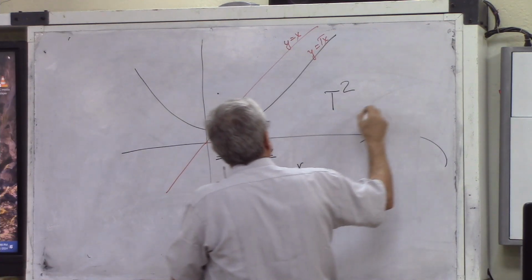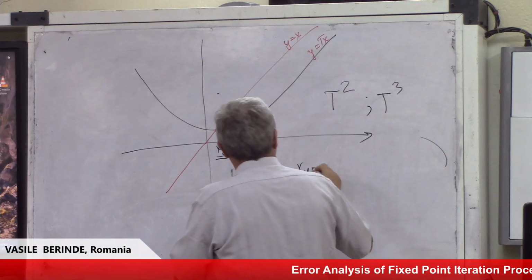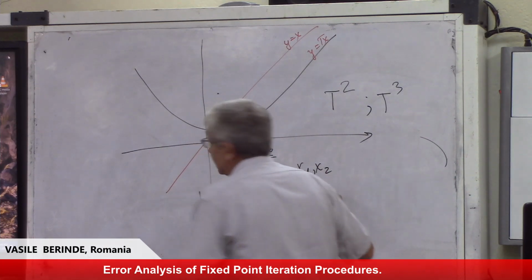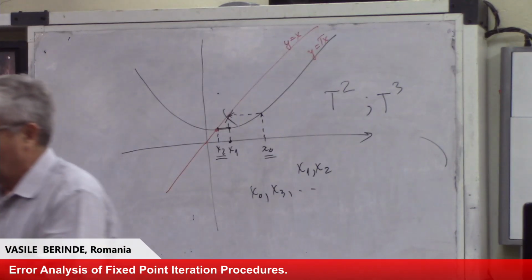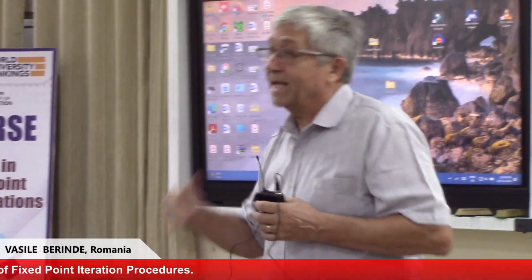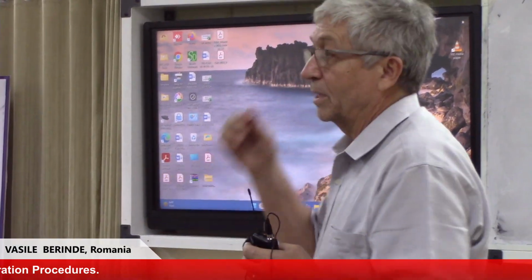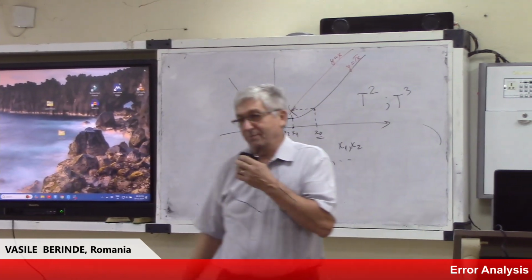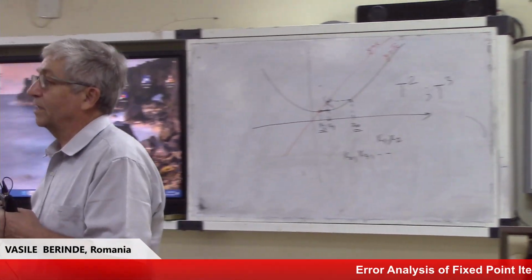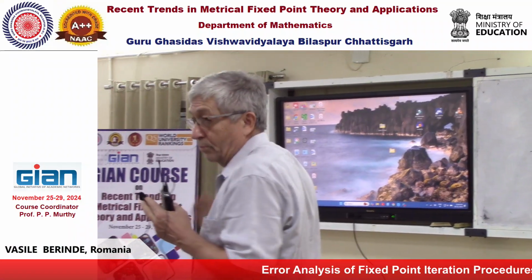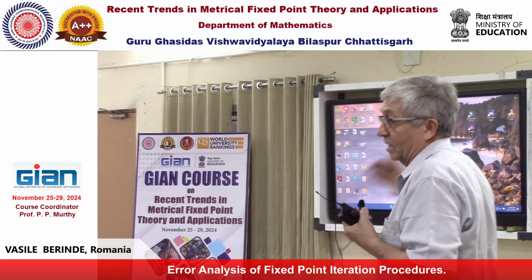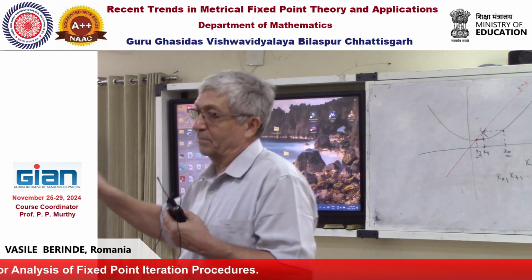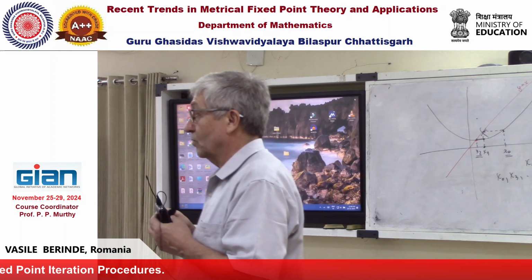If we have t to the power 3, then we skip two, and we have only x0, x3, which is a subsequence. Of course, it will apparently converge faster because we don't take the intermediate terms, but the rate of convergence is actually the same. We did not improve the convergence, because we can prove that just by skipping some terms, we don't improve it. Is that your question?